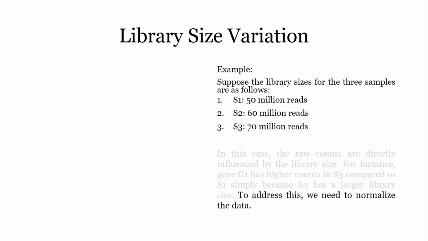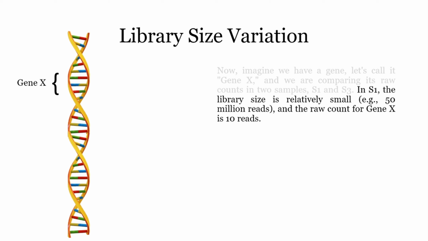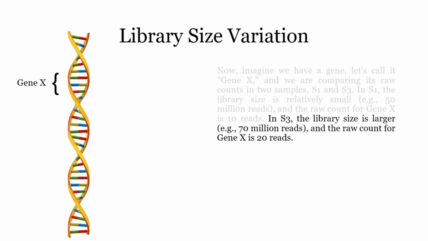Now imagine we have a gene, let's call it gene X, and we are comparing its raw counts in 2 samples, S1 and S3. In S1, the library size is relatively small, 50 million reads for example, and the raw count for gene X is 10 reads. In S3, the library size is larger, for example, 70 million reads, and the raw count for gene X is 20 reads.